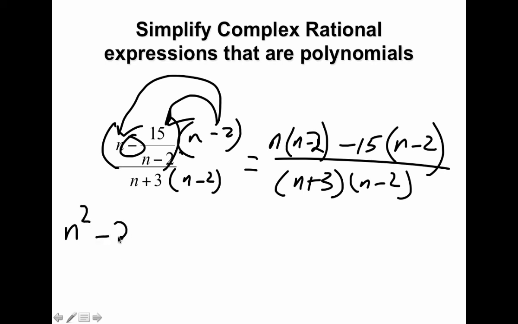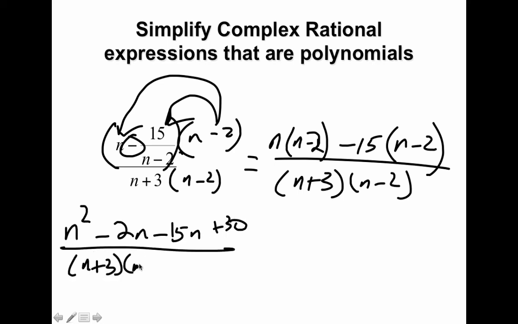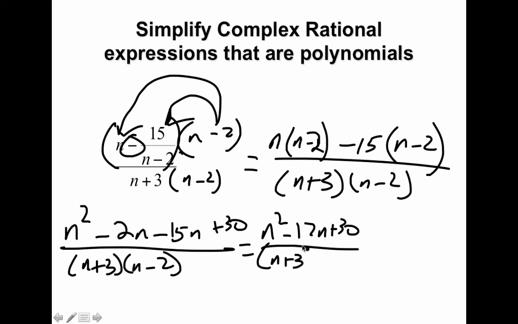n squared minus 2n minus 15n plus 30 over n plus 3, n minus 2 equals n squared minus 17n plus 30 over n plus 3, n minus 2. Better factor that.